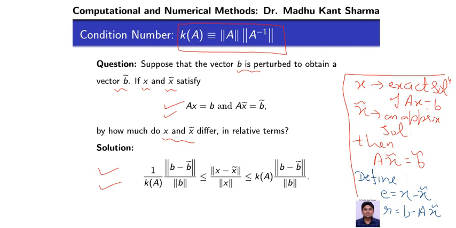If you write it a little carefully, R is B minus AX tilde.